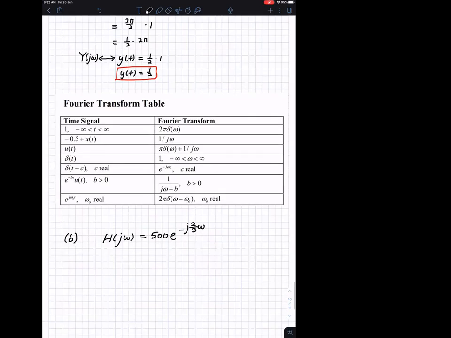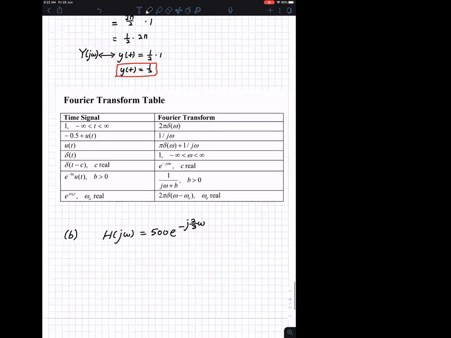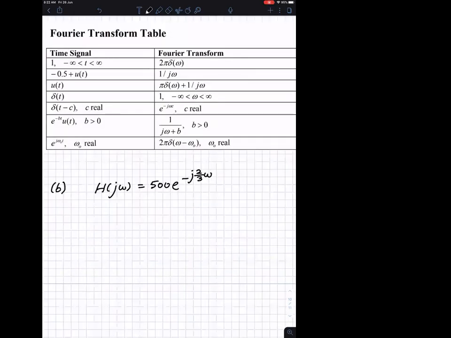So this is the frequency response, 5000 times e to the minus j 2/3 omega.